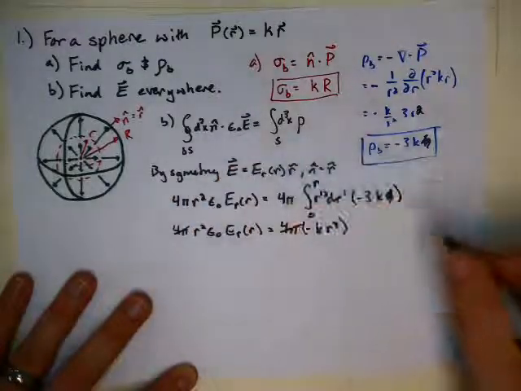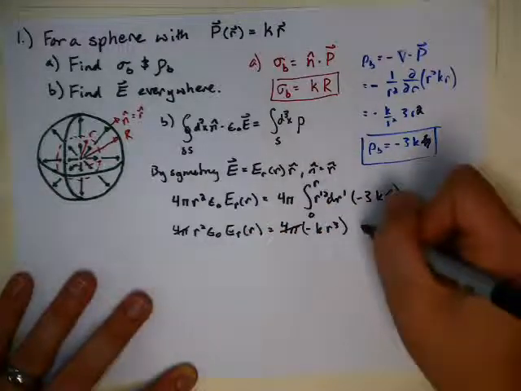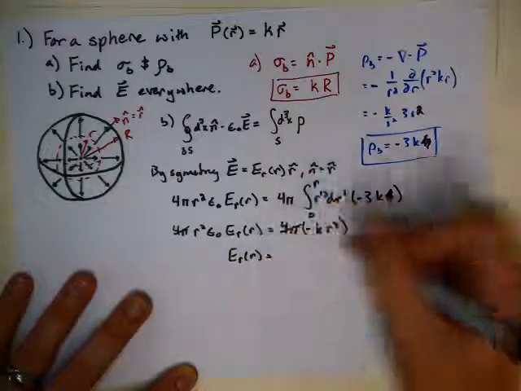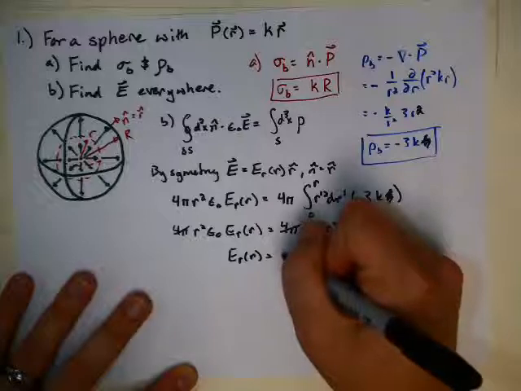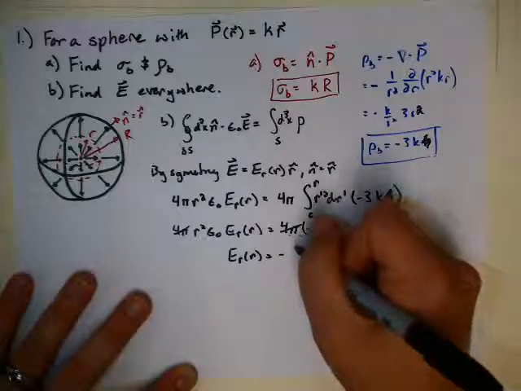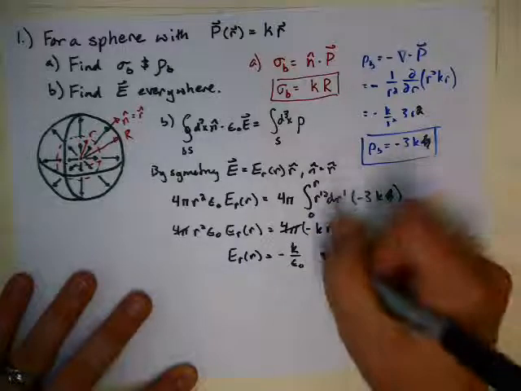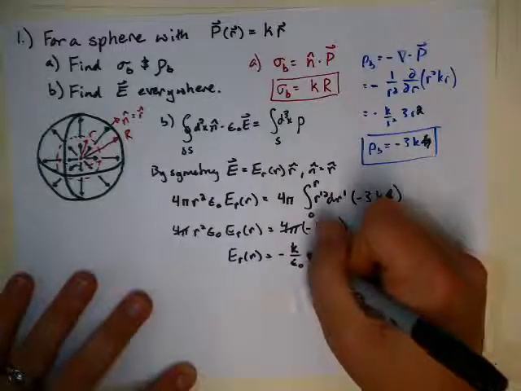The 4 pi's are going to cancel, and I get that E r is equal to minus k over epsilon naught times r.